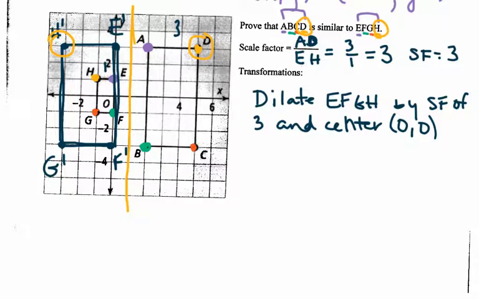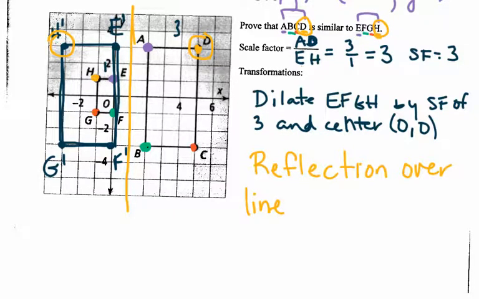And what line is that? That's what I need to figure out. So I'm going to reflect. So it's a reflection over the line. Now remember, when it's a vertical line, the x-axis is right here, and that value is x equals 1.